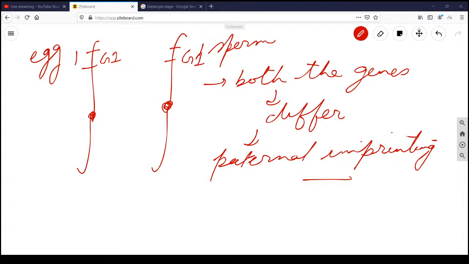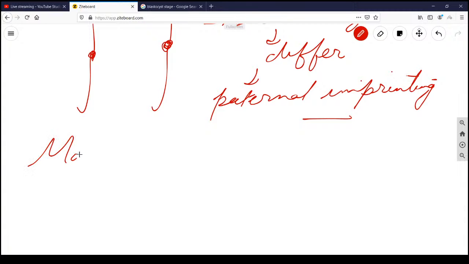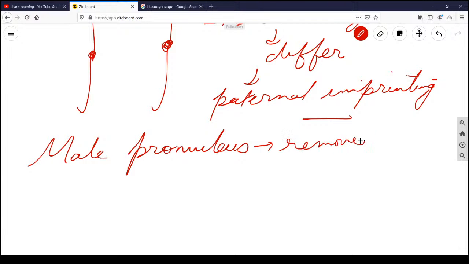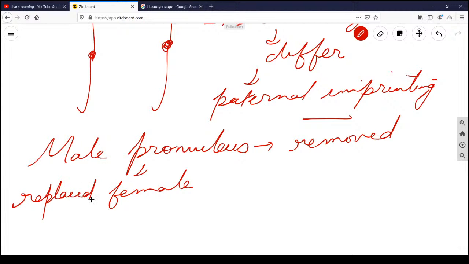How will it know? So suppose I do that experiment, a great experiment, that a male pronucleus is removed and replaced by a female pronucleus.